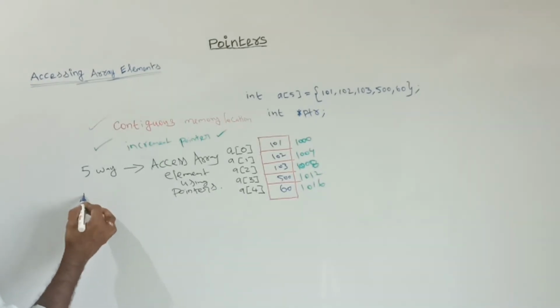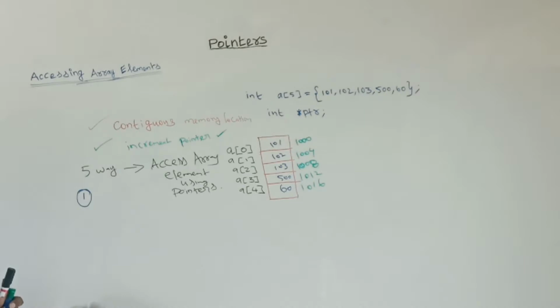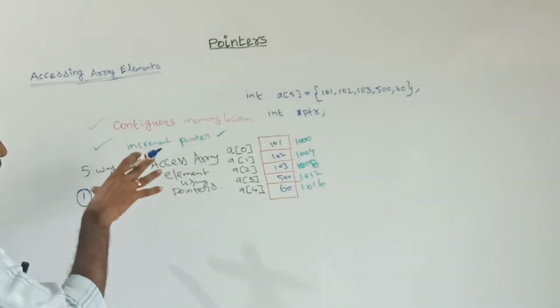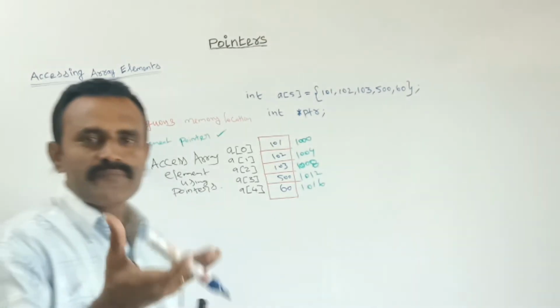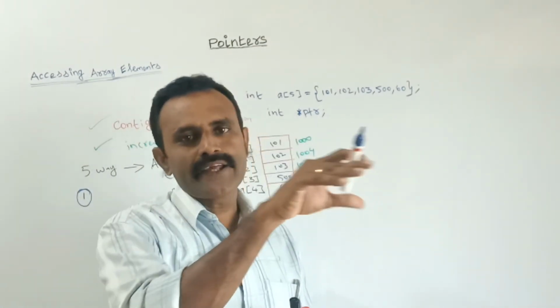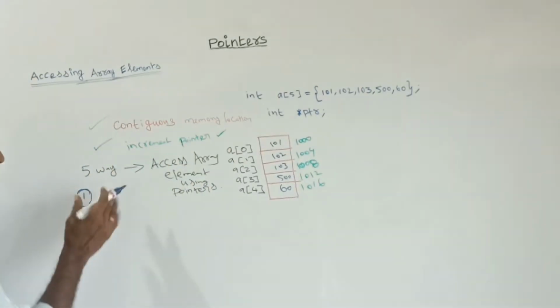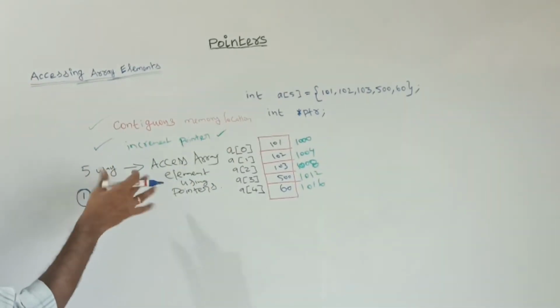According to these 5 methods, we can use any one of the methods and access the array elements. Totally 5 ways there, and we can use any one among these 5 ways.